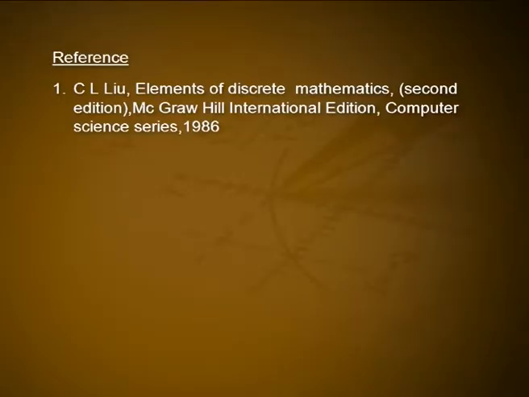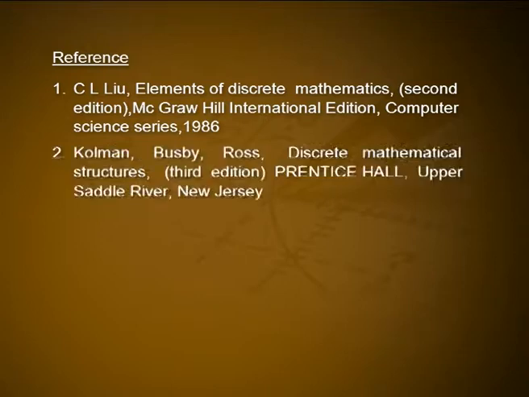These books are suggested for further reading. First one is Elements of Discrete Mathematics by C.L. Liu, McGraw-Hill International Edition, Computer Science Series 1986. Second one is Discrete Mathematical Structures, 3rd edition, by Coleman, Busby and Ross, Prentice Hall, Upper Saddle River, New Jersey.